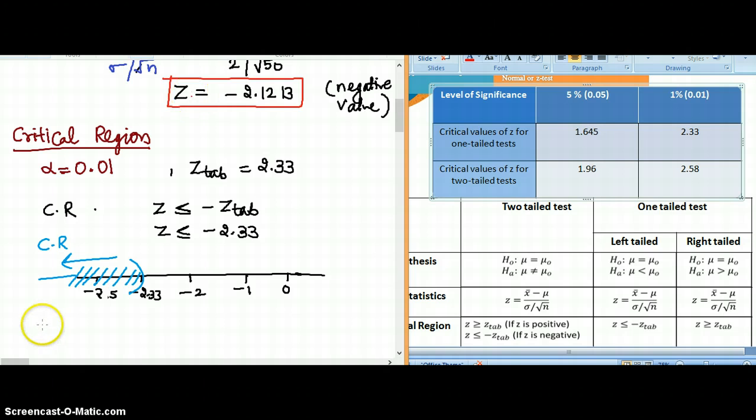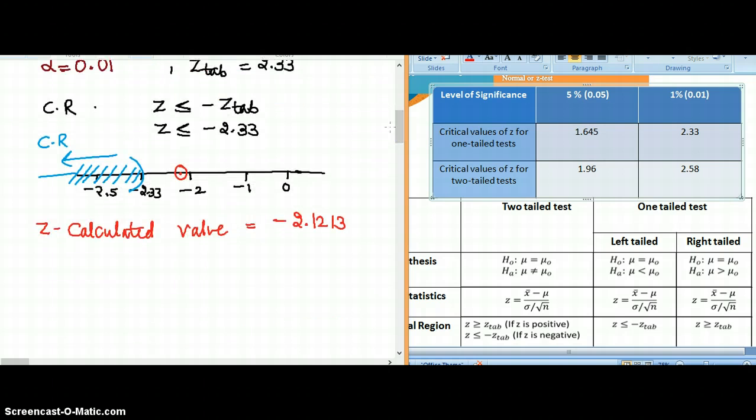Now our calculated z value is minus 2.1213, right? If we plot it on the number line, it comes somewhere here. This value does not lie in the critical region. We can see it from here.